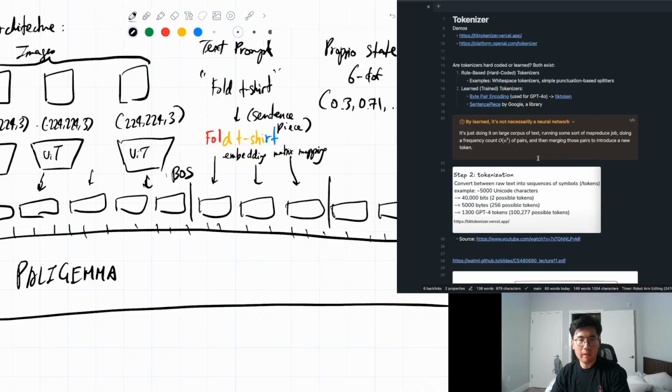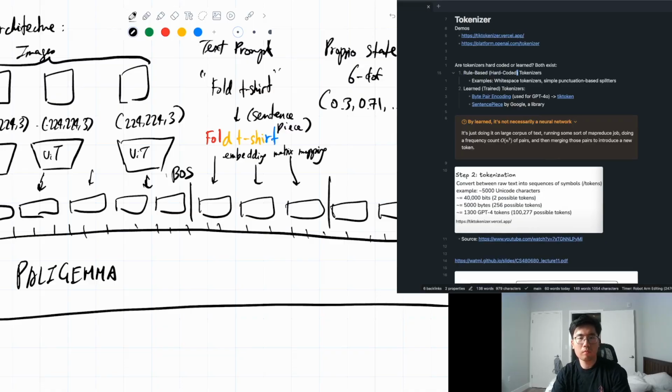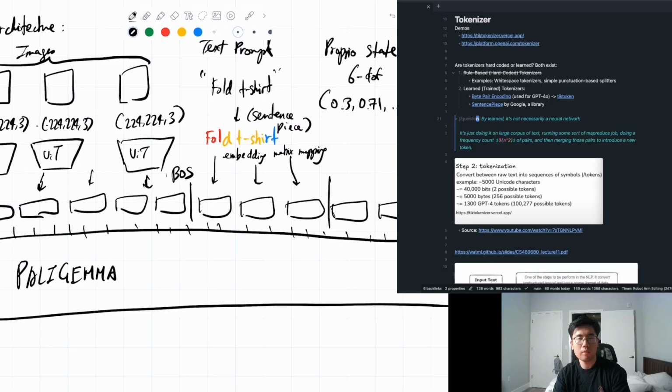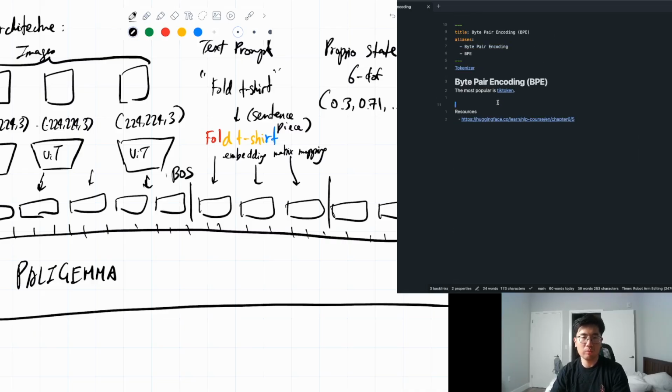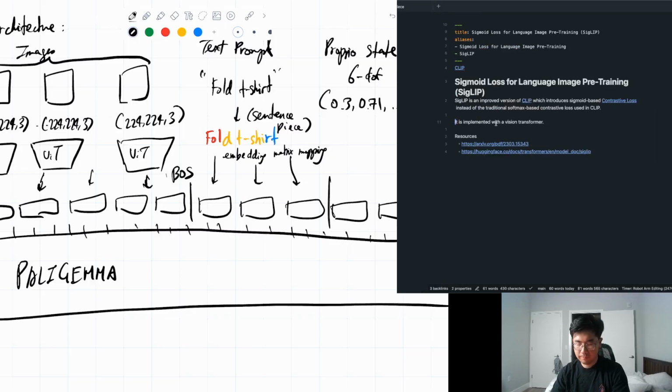And usually you look at byte pair encoding, essentially. This is what's being done, and so you just look up the embedding.